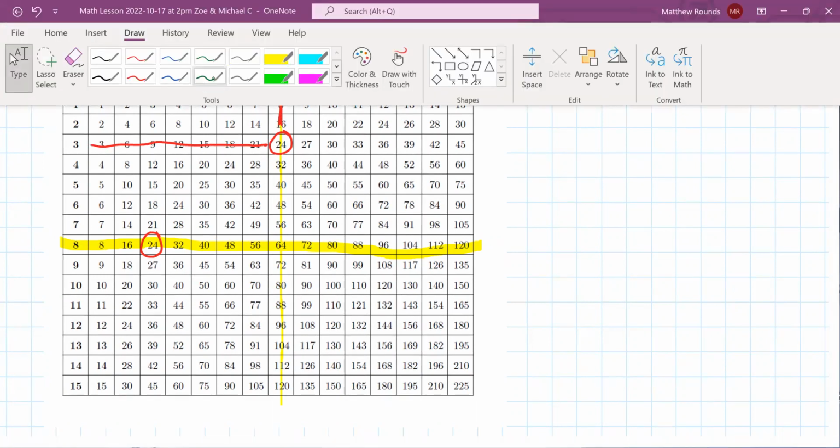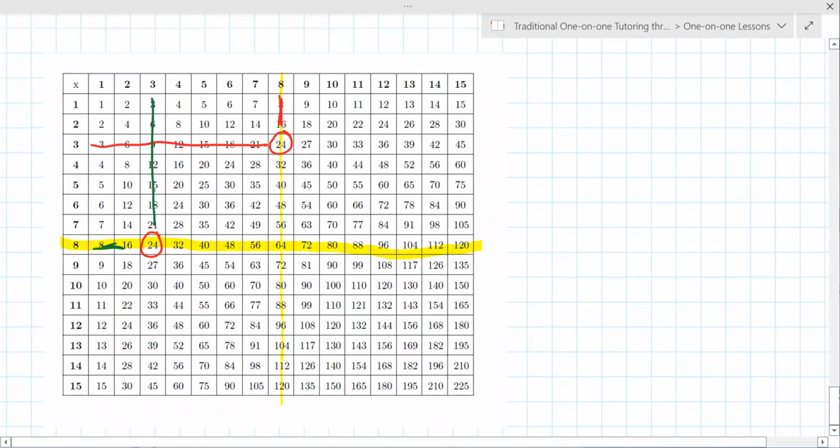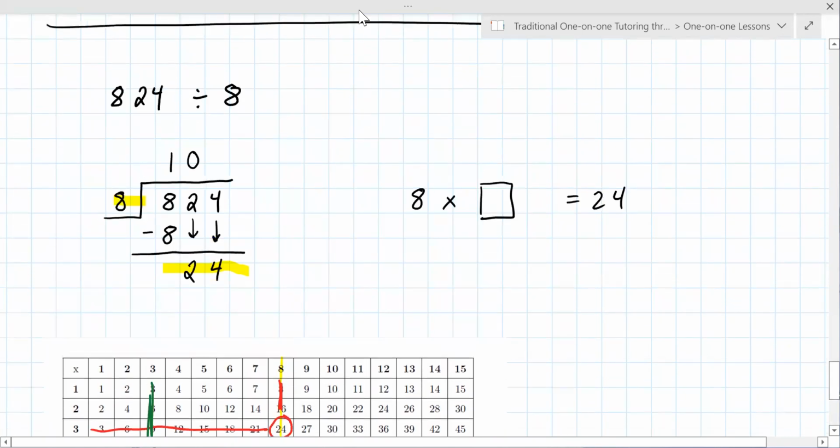The other one corresponds to 8 times 3. So you don't just look for whatever number you want. You look for the number we're trying to get. So 8 times what number gets you to 24? 3. This becomes 103.